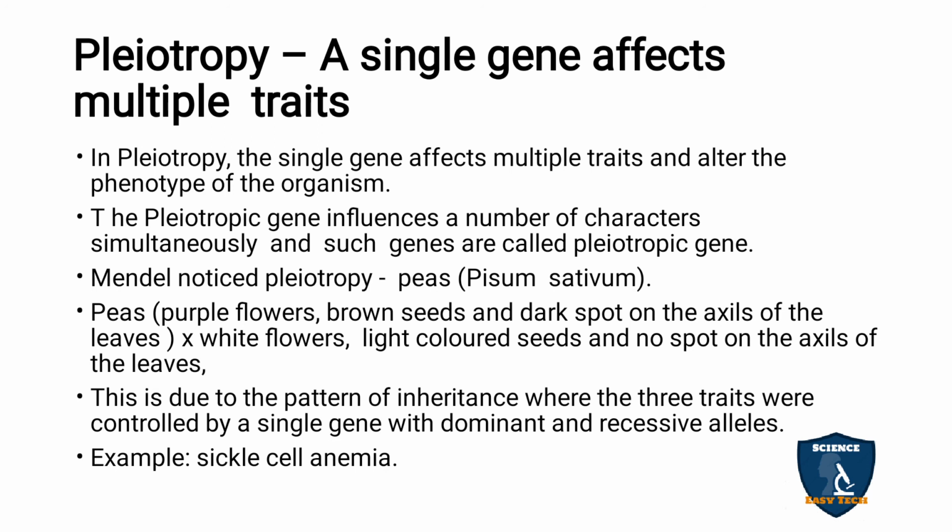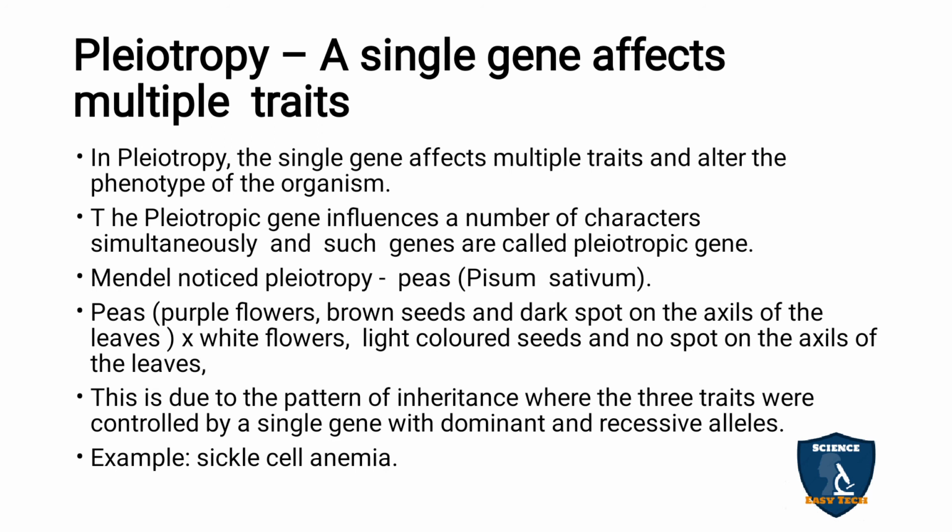And this is governed by one single gene. Both the recessive and dominant alleles are controlled by a single gene only. Whether it is dominant or recessive in the pea plant, it is governed by a single gene. So it is working as a single unit.